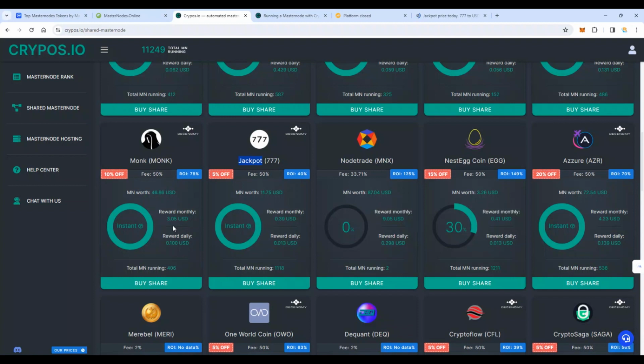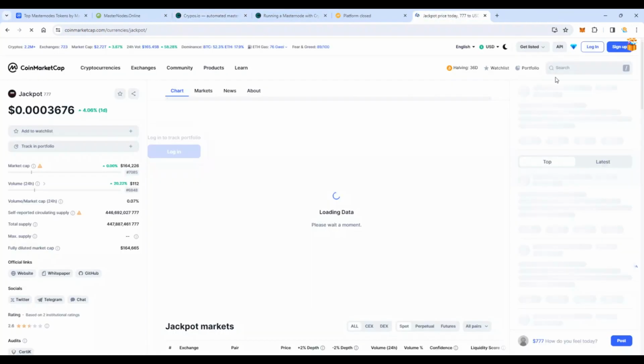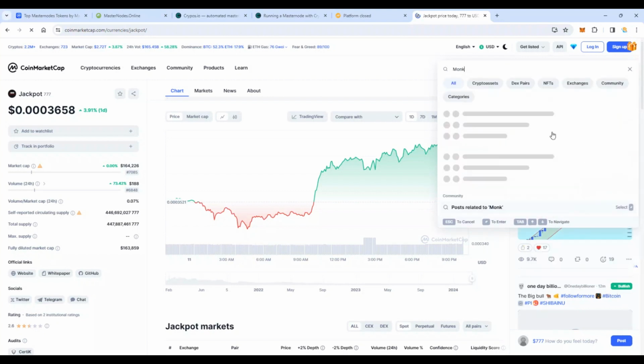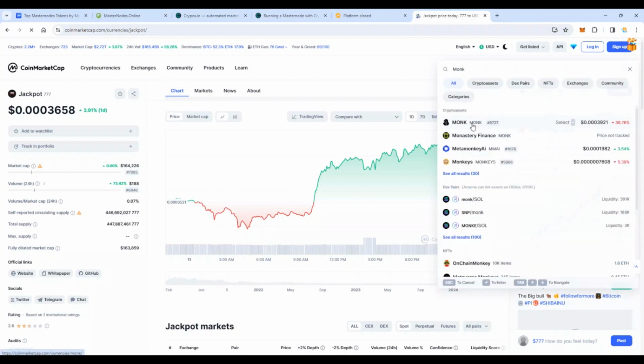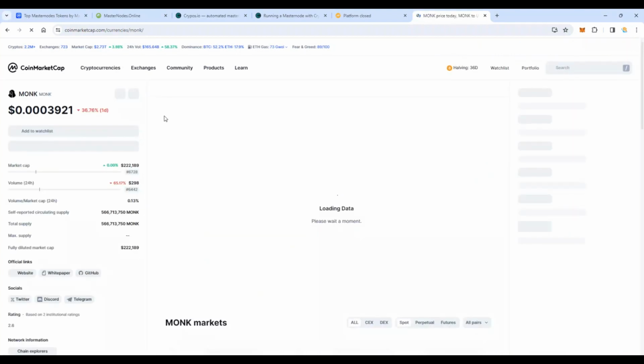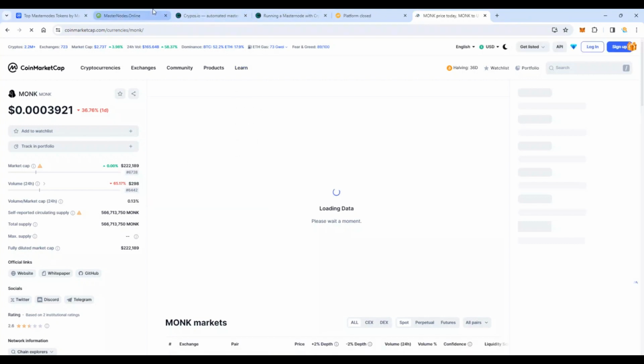We have another one here called Monk, and you can see the minimum is 46 with a return on investment of around 78%. Let's look at Monk. Monk is here, and you can see again, despite the markets going up, Monk is basically going down. It's 36% down in one day, and the trading volume is only $298.